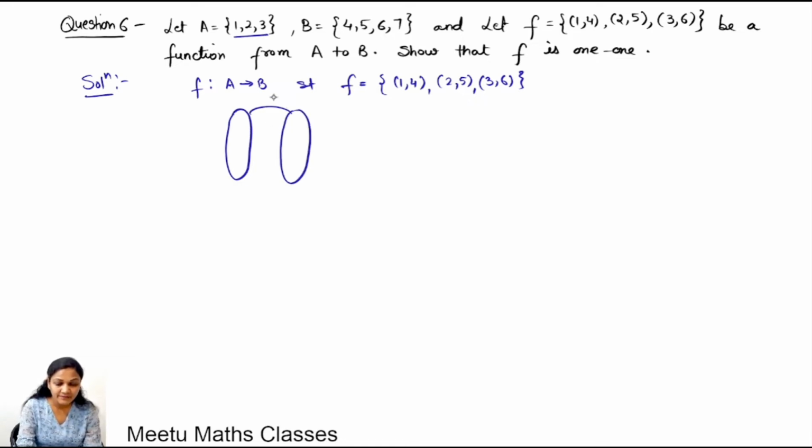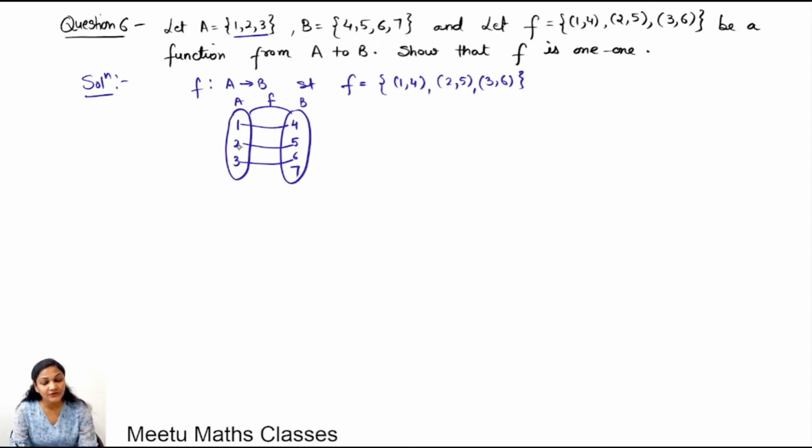Let F be a mapping from A to B, or a function from A to B. A is {1, 2, 3}, B is {4, 5, 6, 7}. Now in this function 1 is related to 4, 2 is related to 5 and 3 is related to 6.